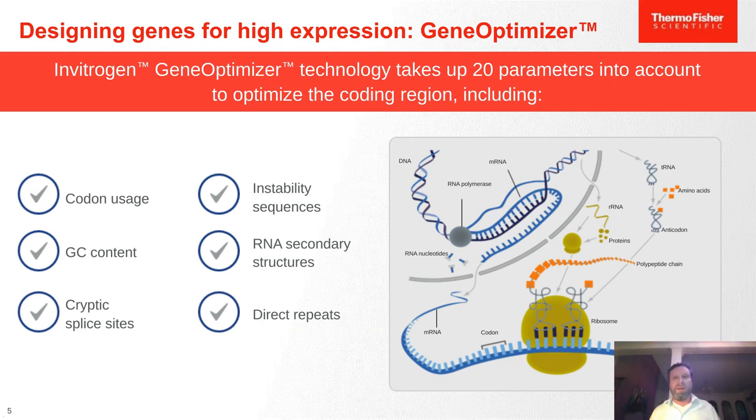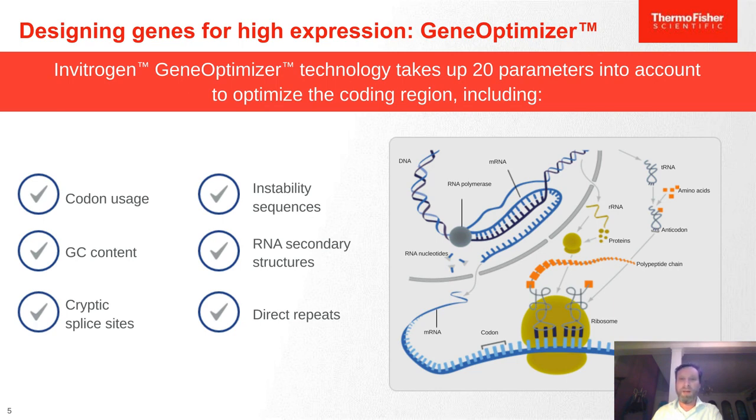I talked about optimization, the first step still in silico. What is gene optimization? It's a multi-parameter algorithm that takes several parameters into account that contribute to high expression of genes. That's very obvious: it's the codon usage, which is not equal in every organism, and the GC content.